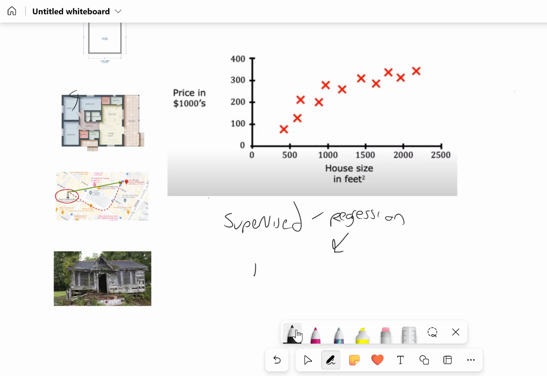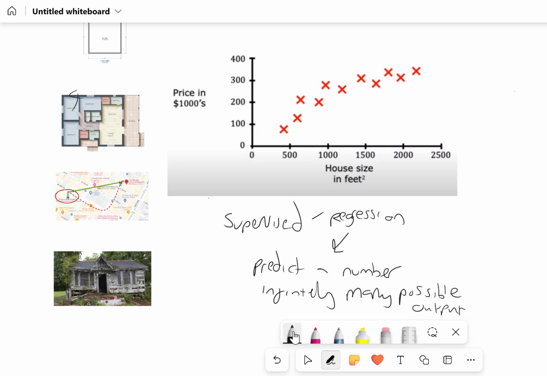Regression allows us to predict a number with infinitely many possible outputs. So once we do our training, we can put in, I want you to tell me how much a house would be for 1600. That will be our input, and it will be able to give us another possible output because of this, even though it's not in the training data already. You need to be aware of a concept called linear regression.